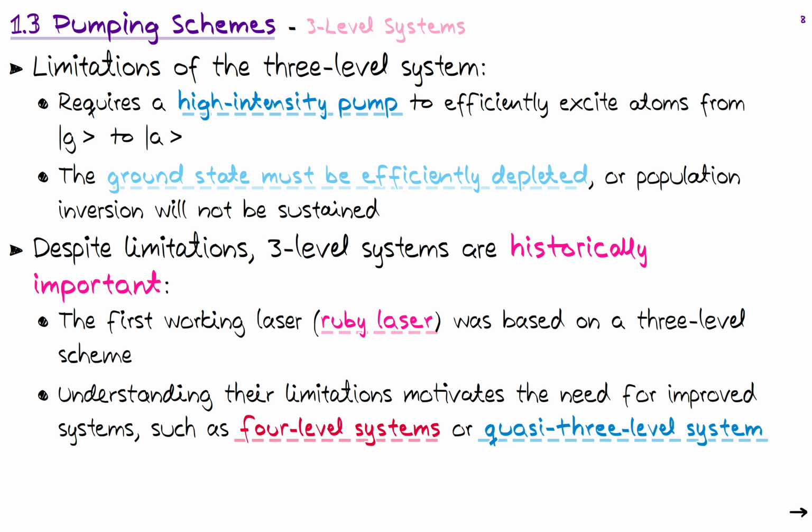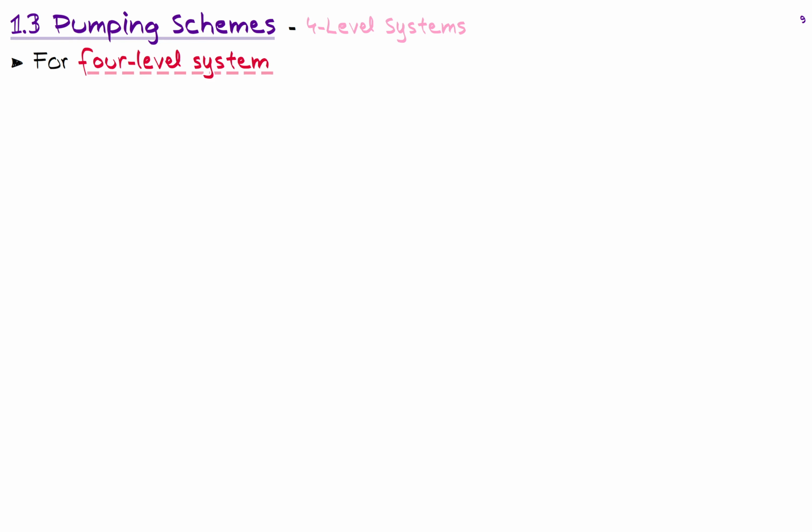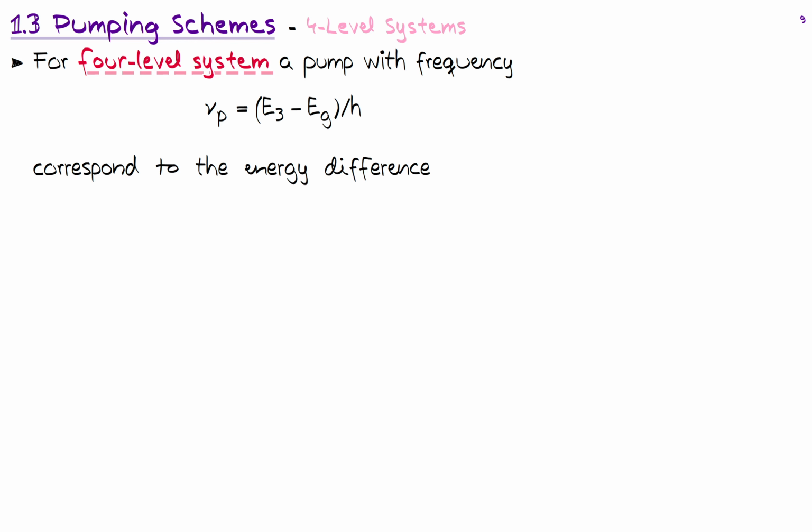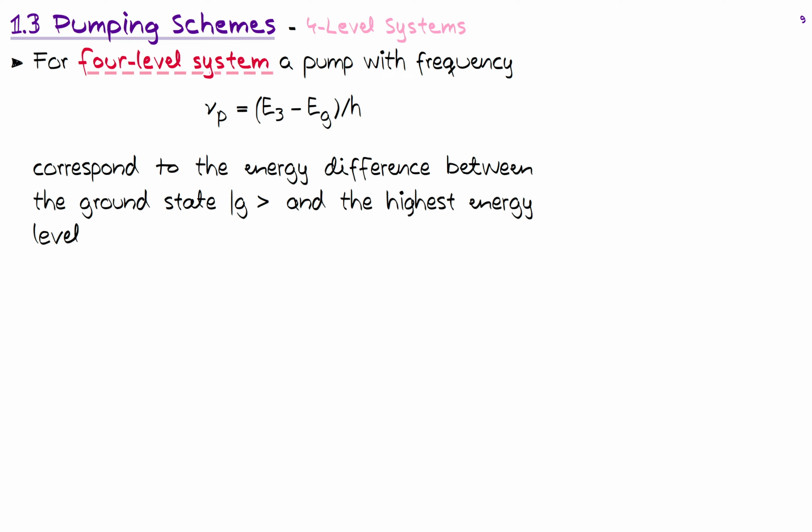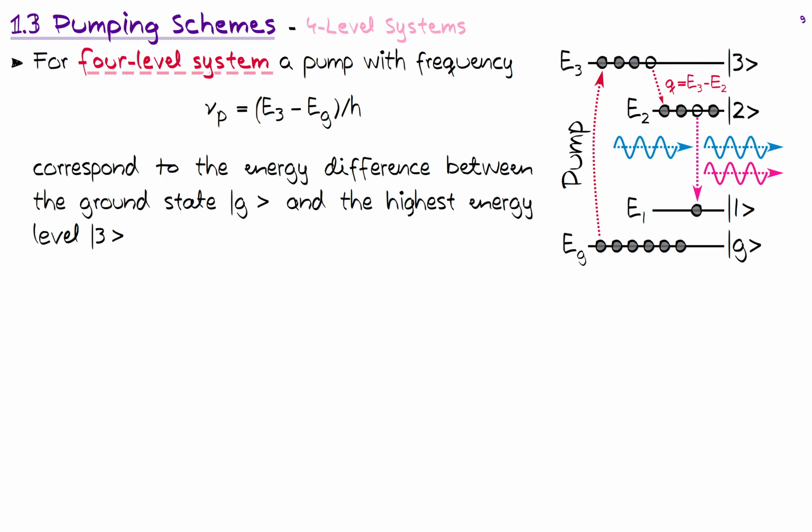Okay, so in a 4-level system with a pump frequency of nu p, we have the energy difference coming from the energy difference between the auxiliary state E3 and the ground state. So this is again the energy difference between the ground state G and the highest energy level 3. So now we are finally getting the figure that helps out the scheme.